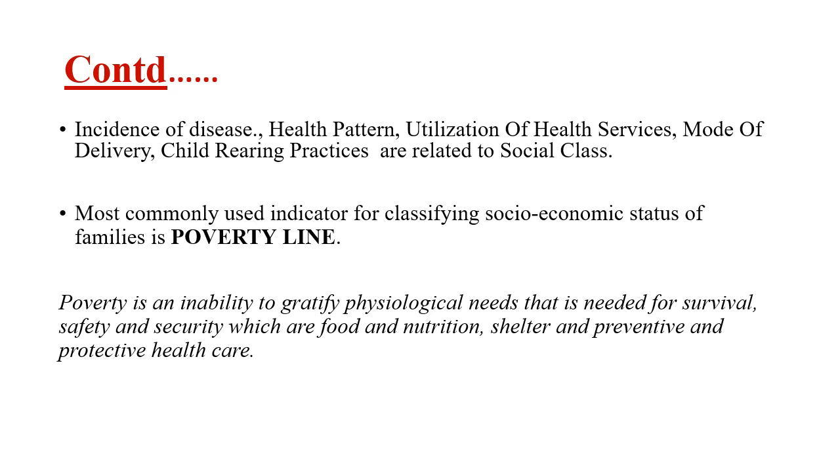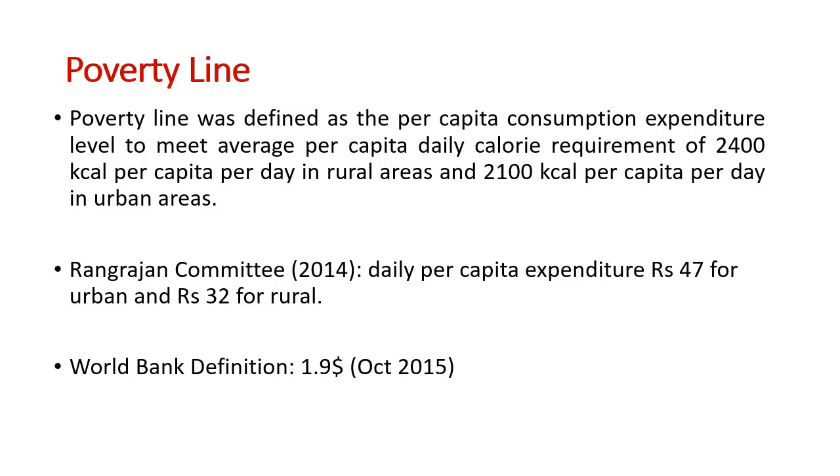Now, incidence of disease, health patterns, utilization of health services, mode of delivery, and child rearing practices are all related to social class. The most commonly used indicator for classifying socioeconomic status of families is the poverty line. The poverty line has been defined by different committees and the definitions are updated from time to time.